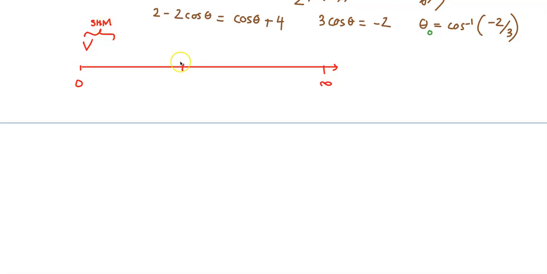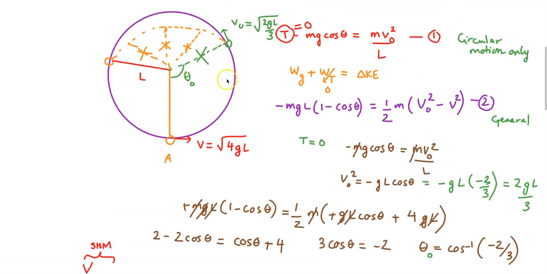For slightly larger v's, maybe the bob doesn't even cross theta equals pi/2. Maybe it's just going to execute large oscillations here. Maybe for even larger speeds, it's going to get somewhere here, and then the string is going to slacken and it's going to go all the way to the other side. And then maybe for even higher speeds, it's going to be able to complete the circle.